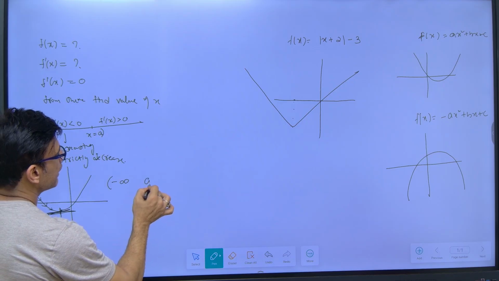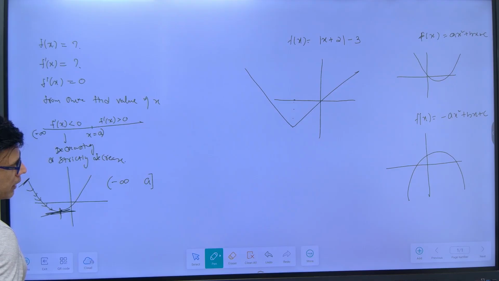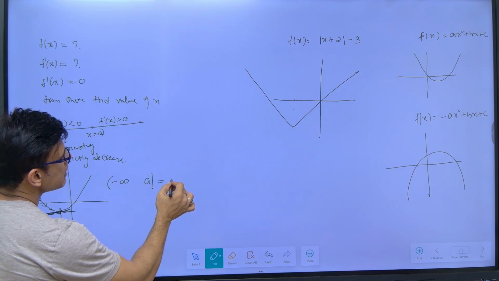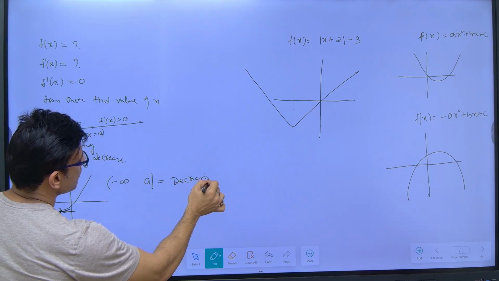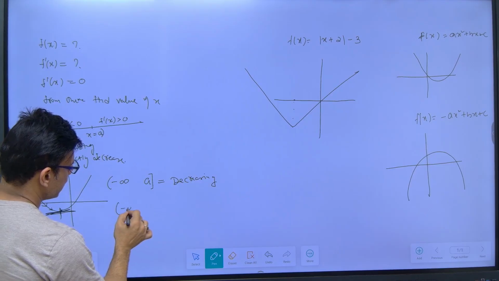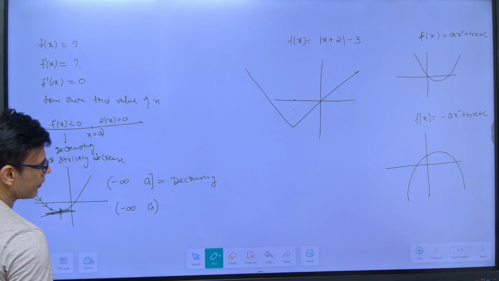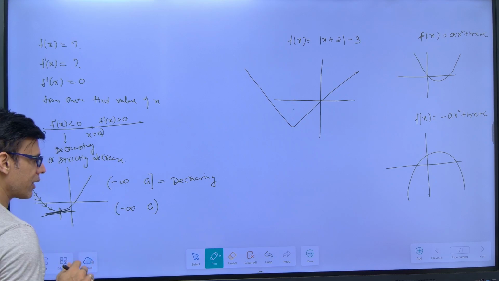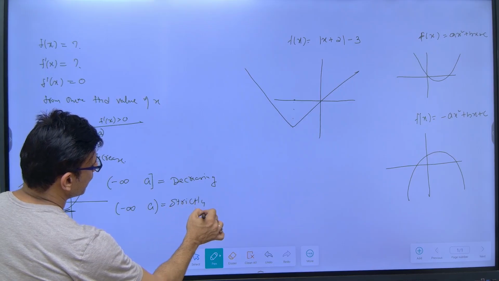If I am taking till a, because after a it will change its trajectory, and I use a square bracket, then it is called decreasing. But if I take minus infinity to a and use round brackets at both places, that means this particular value is not included, but all values in between are included. So this is called strictly decreasing.